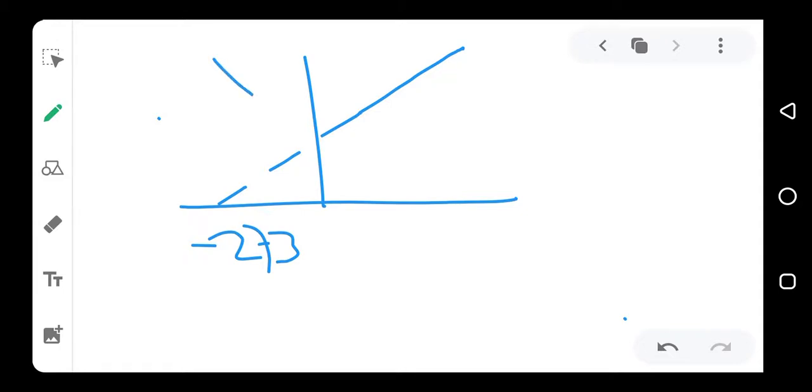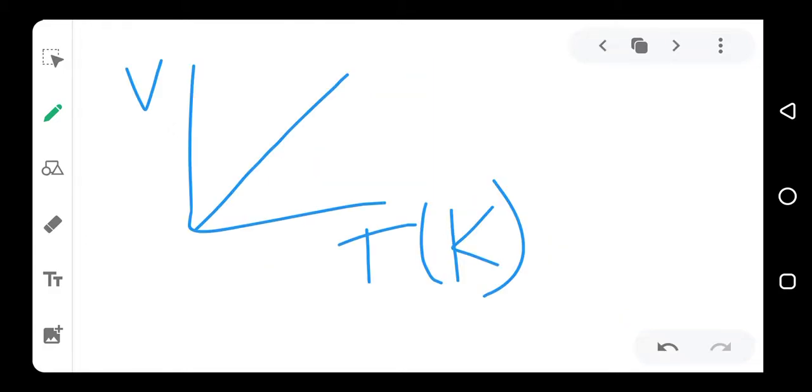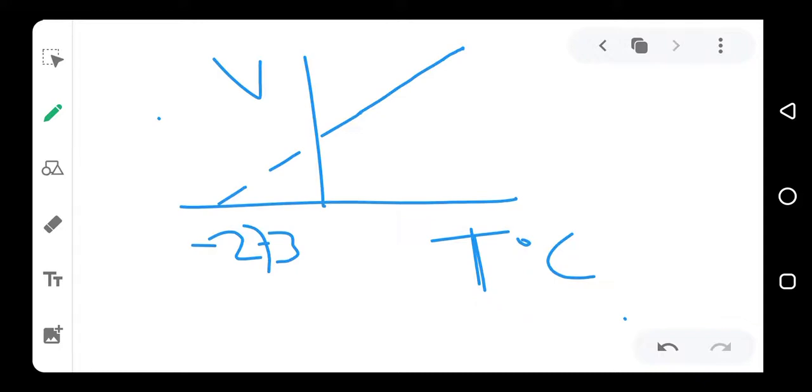This is volume and this is temperature in degrees Celsius. So we have two graphs for Charles law when the temperature is represented in Kelvin and when the temperature is represented in degrees Celsius. Now this is the graphical representation of the Charles law.